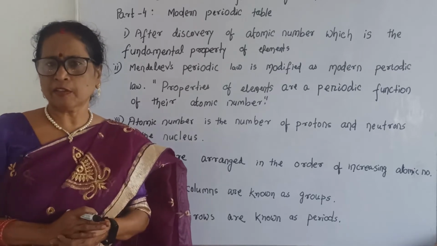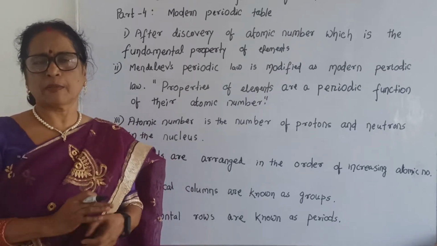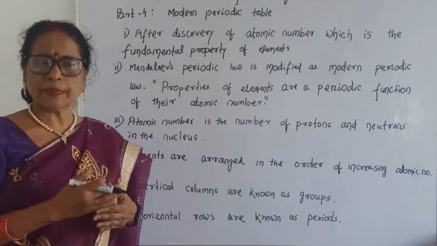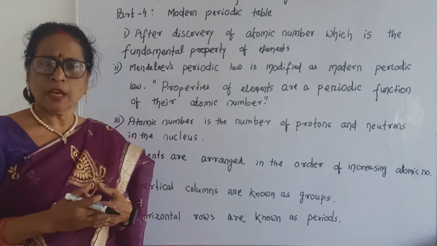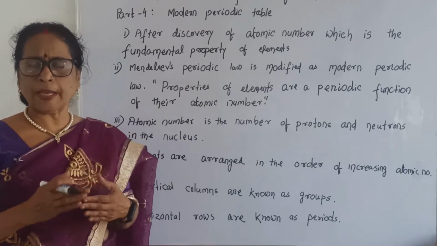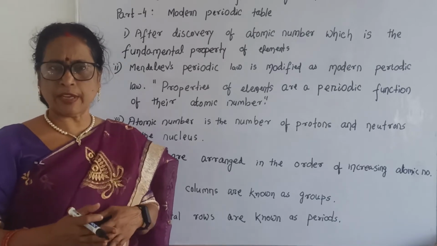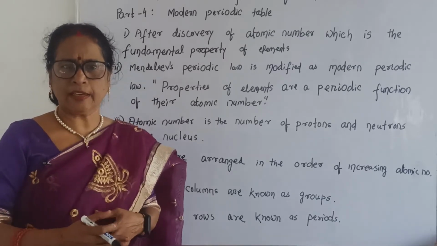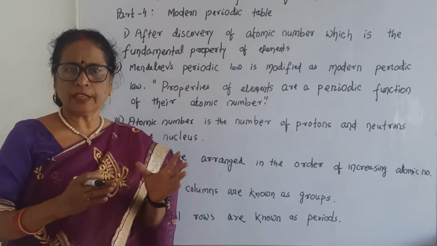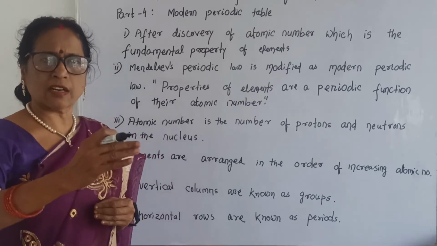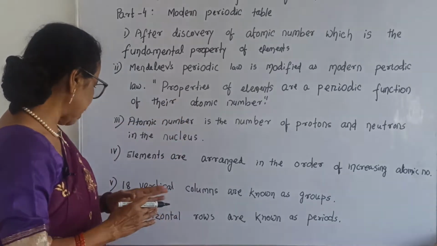Let hydrogen be atomic number 1, then helium 2, lithium 3, beryllium 4, boron 5, carbon 6, nitrogen 7, oxygen 8, fluorine 9, neon 10, like this. The elements are arranged in increasing order of atomic number.